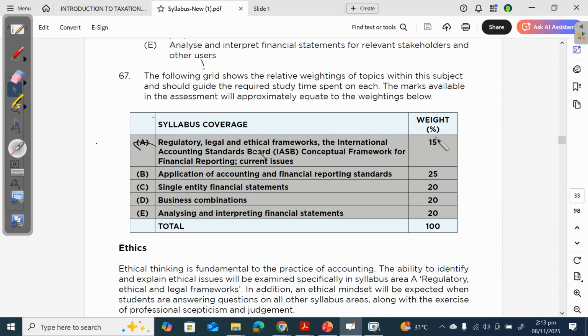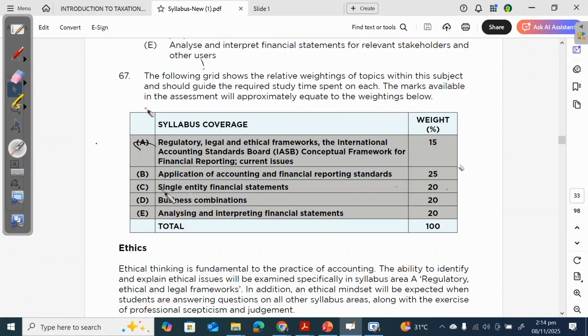All right, so that is 15 marks. Then we have application of accounting and financial reporting standards, which is 25 marks. How to apply the standards, 25 marks.